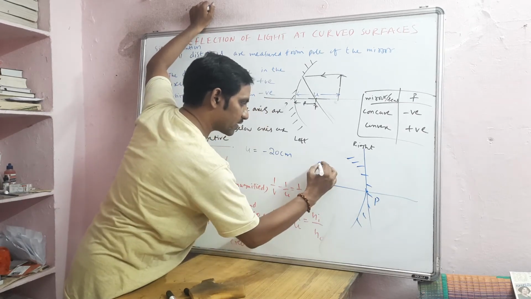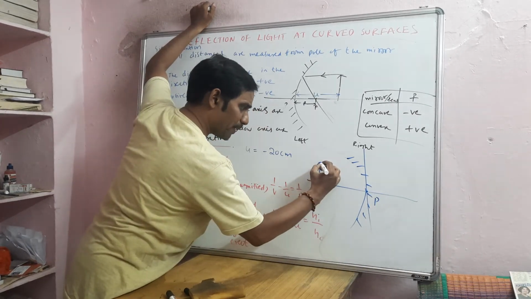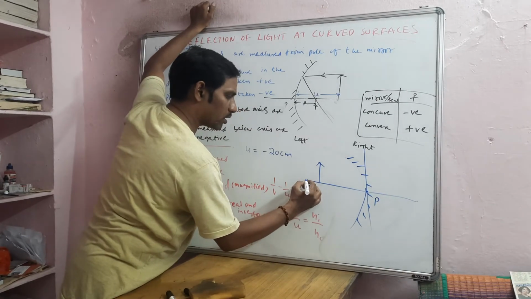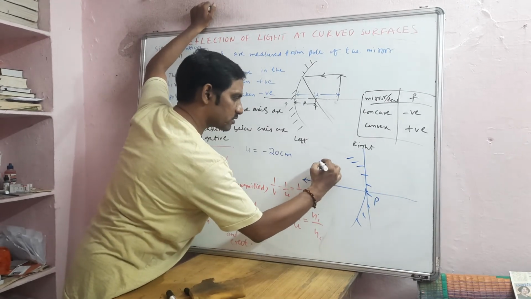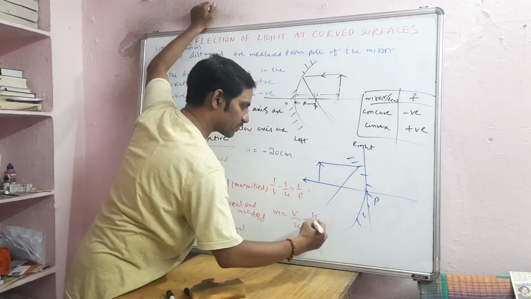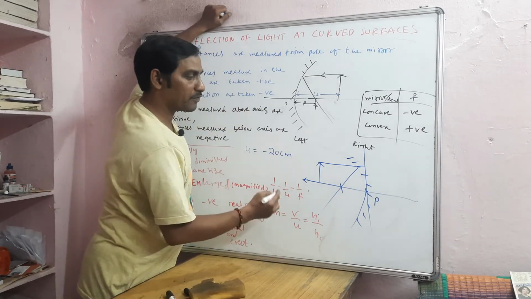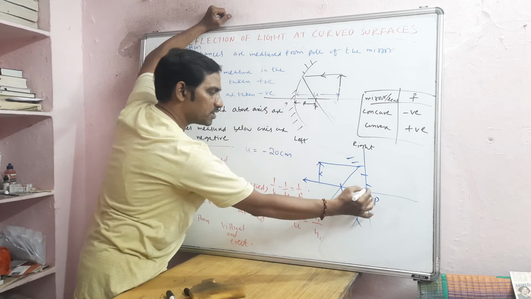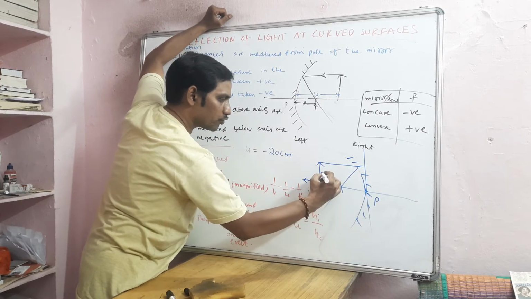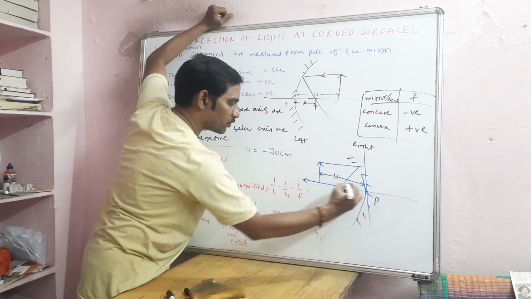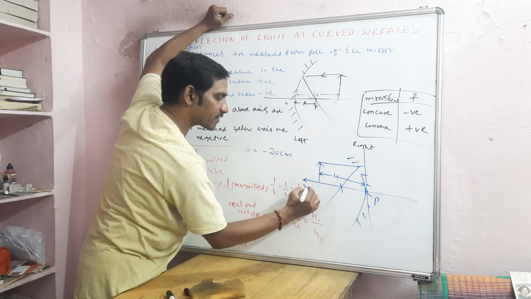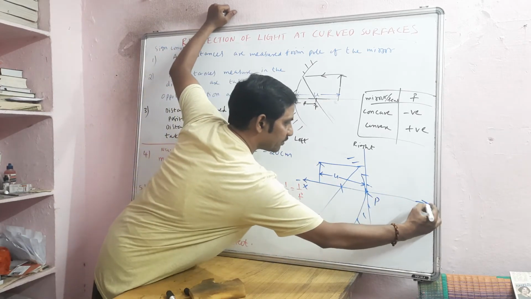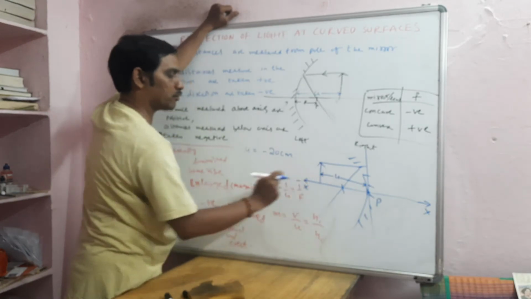If you take the object like this, the light ray will go like this and come back like this. When you measure the object distance you measure from the pole, but you are measuring along the negative x-axis, so definitely you will get u as negative.